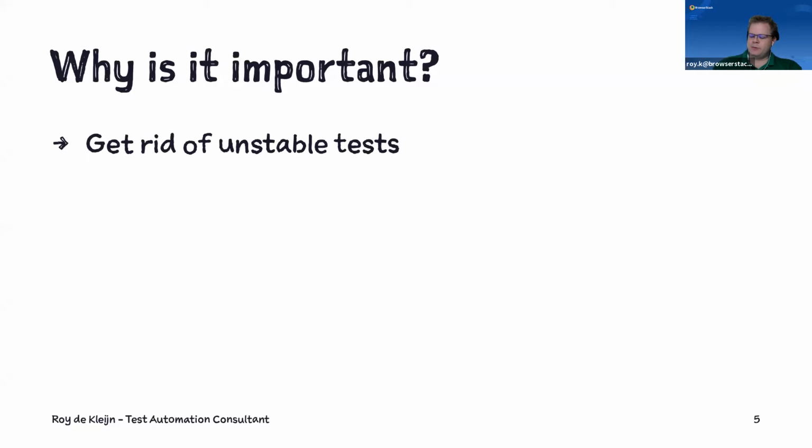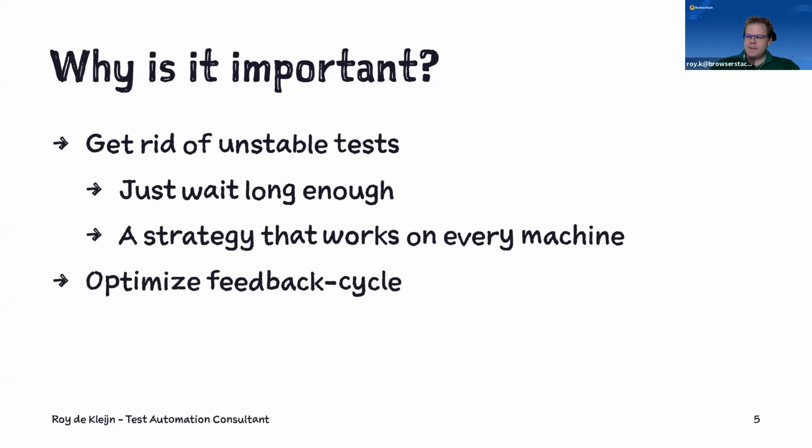And your test might work on your local machine, but might not work on the build machine, or might not work if you integrate your testing with BrowserStack or other cloud providers, because it will introduce a little latency to your test execution. And if you implement the correct waiting strategy, you will optimize the feedback cycle.